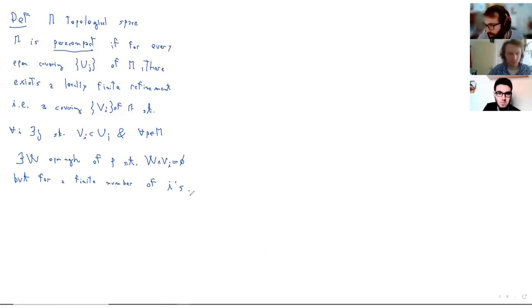Okay, so this is the definition of paracompact, and the reason we need it is to define manifold.